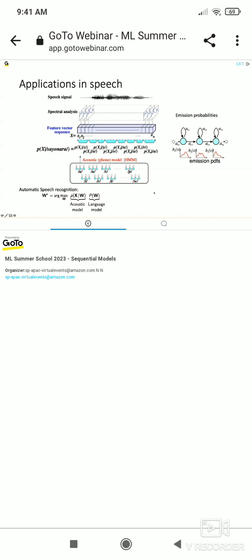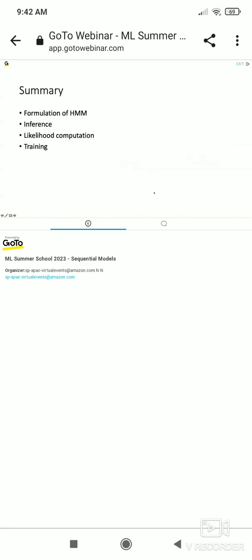That's about speech applications. Let's recap what we discussed so far. First, we considered a simple example of the POS problem, and we formulated it as a sequence learning problem and modeled it using HMM. And then we discussed the problems involved in HMM, the inference problem.